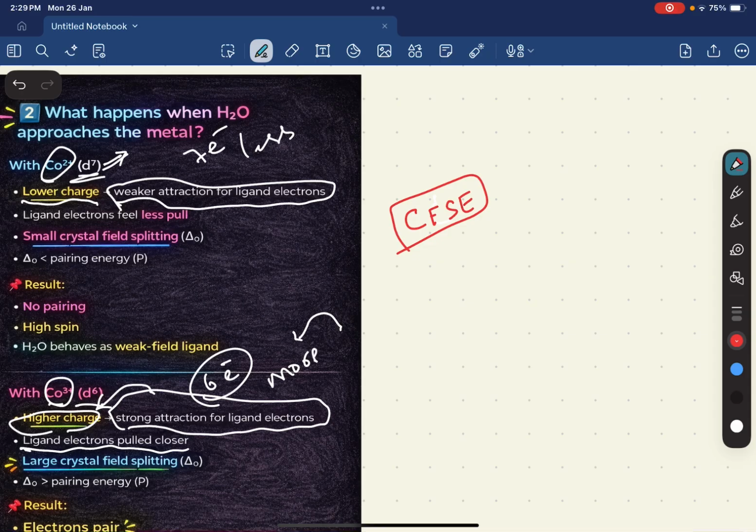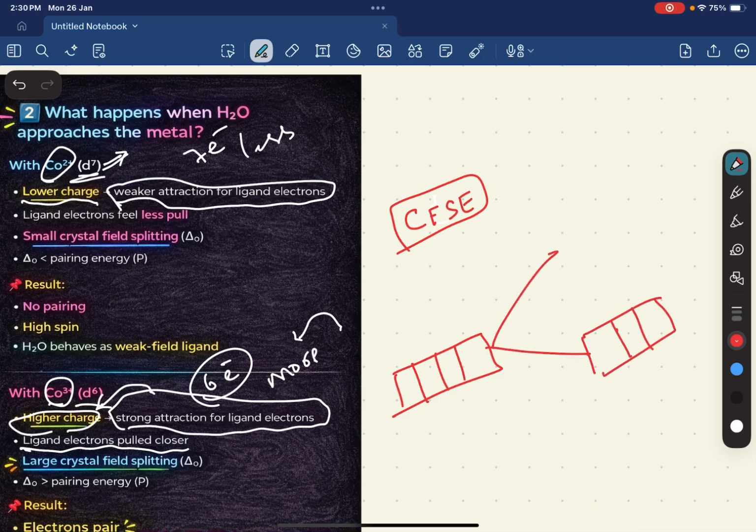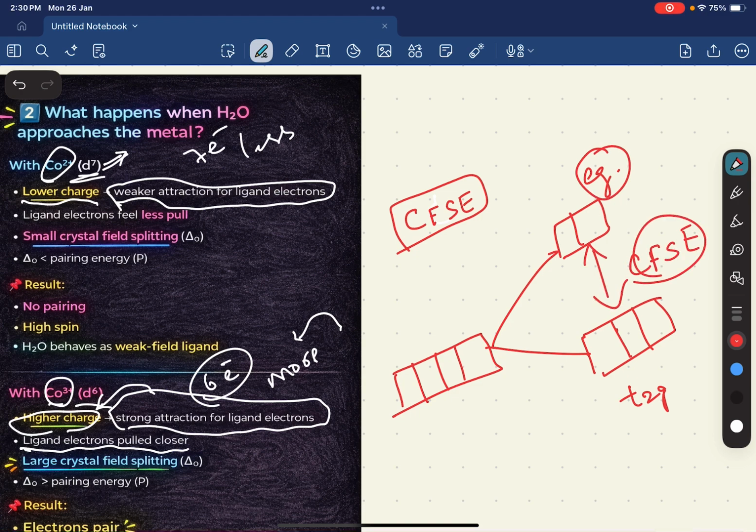The metal already has electrons and the ligand also has electrons, so repulsive forces arise, and the five degenerate d orbitals split into two levels based on the type of complex. Suppose the coordination number is 6: the t2g will be on the lower energy side and eg on the higher energy side. The gap between them is CFSE.